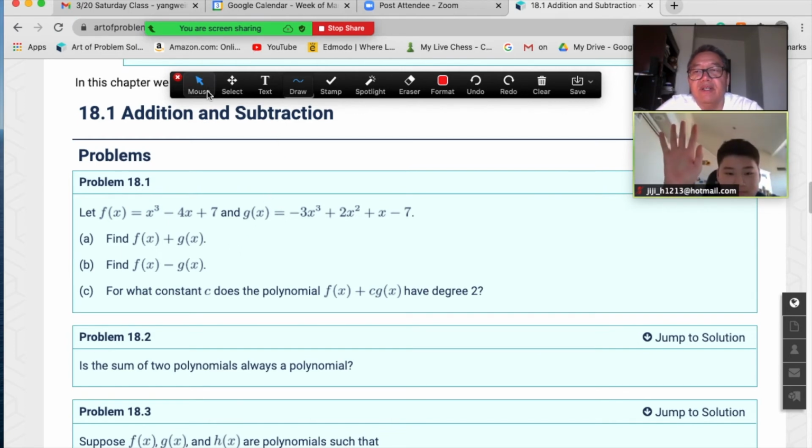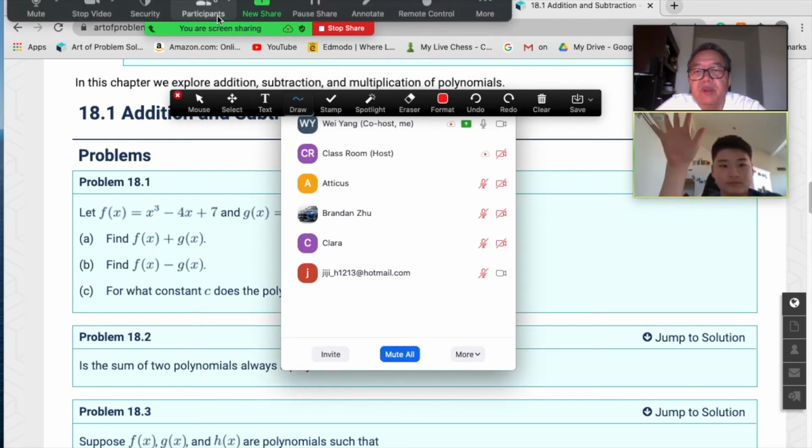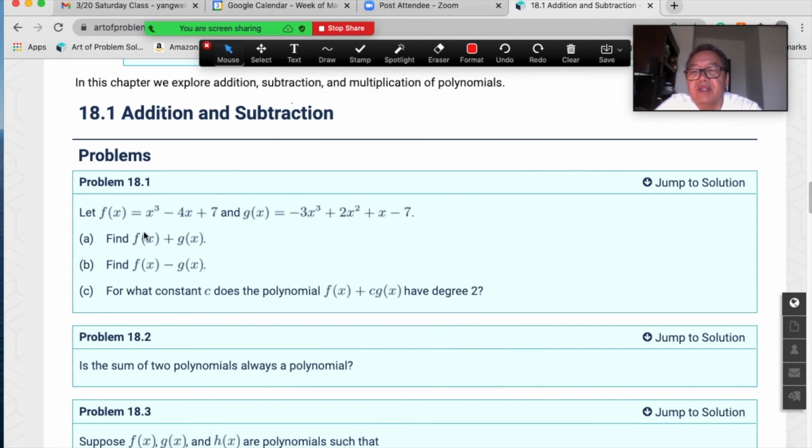So now let's say, Brandon, can you tell me what is the sum of f and g? If we add f(x) and g(x) together, what's your answer? Negative x to the third minus 3x plus 2x squared. How did you get that?